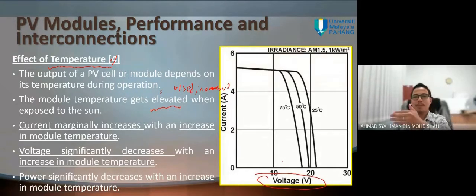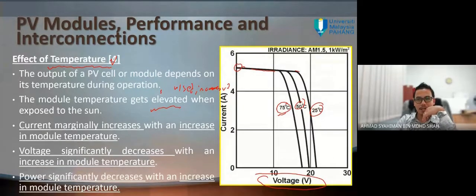I mean the temperature dependent characteristic. So you see here 25 degrees, 50 degrees, and 75. At the top it looks the same, no difference, but it drops earlier when the temperature is higher and drops later when the temperature is lower. Means that current marginally increases with an increase in module temperature.